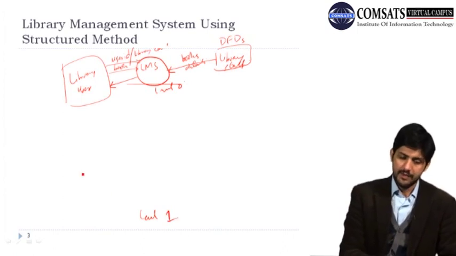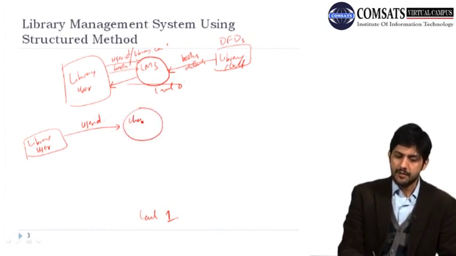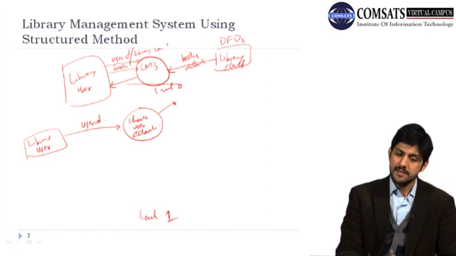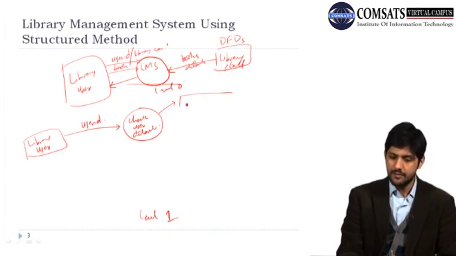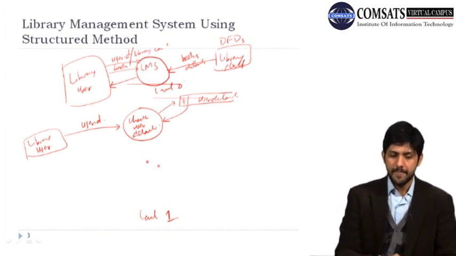And within the level 1 DFD, we said we have this external entity, which is our library user. And the input, which was the user ID, is sent to a process which would check user details. So in order to check user details, this process needs to communicate with a data store, and this data store would have user details in it, and it will verify whether the user is valid or not.